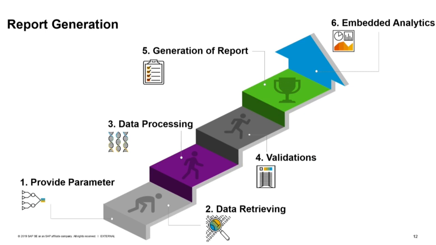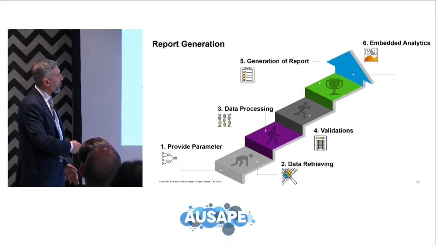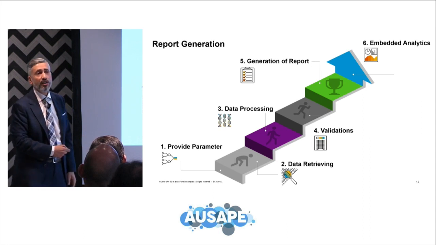So as I mentioned, we have, I would say, changed the concept of the legal reporting from just a static, simple report to accommodating the complete process behind the report, starting from defining the parameters of the report, extracting the data, processing it, validation and generation of the report, and submission to the authority.